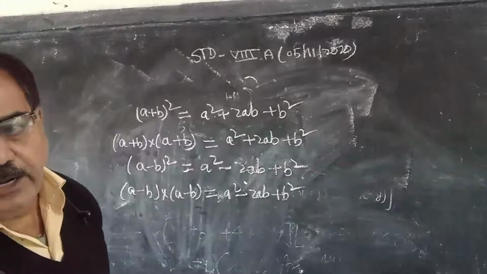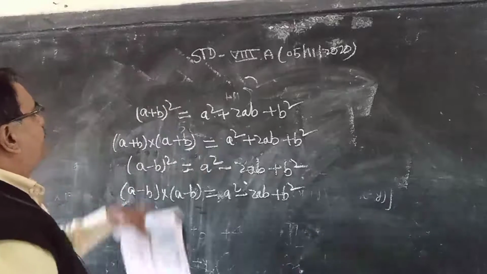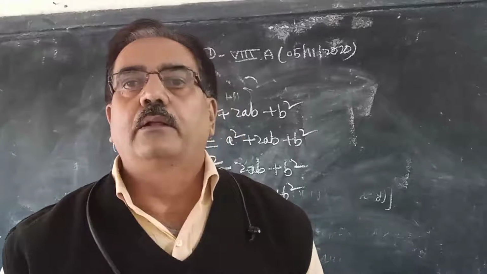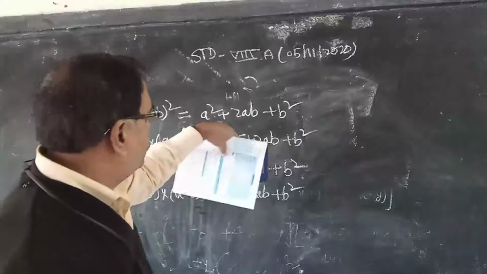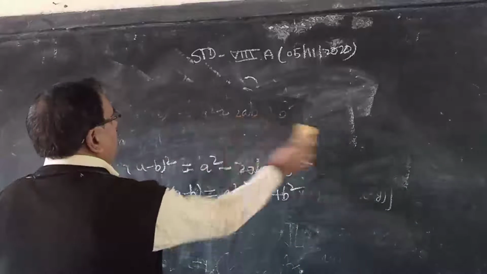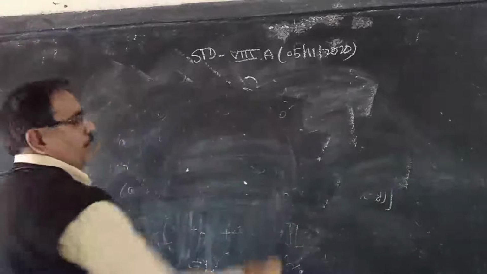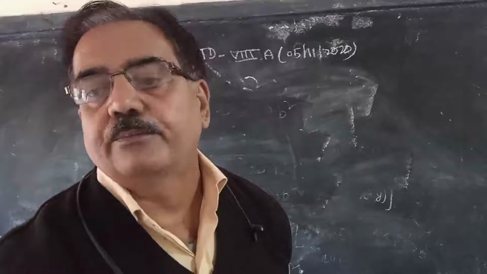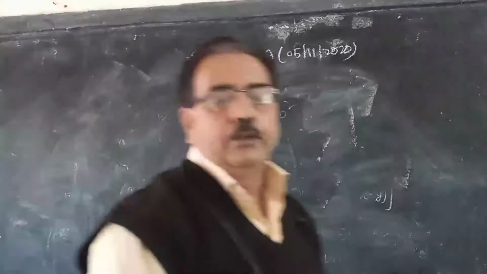Now the 3 questions left in your book are based on a plus b whole square or a minus b whole square. Out of the total 4 terms, 3 terms will be in the formula a plus b whole square or a minus b whole square.